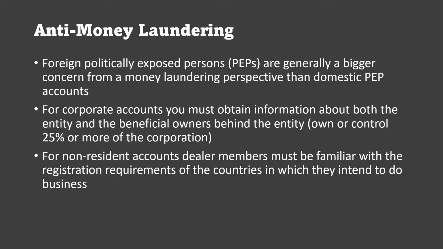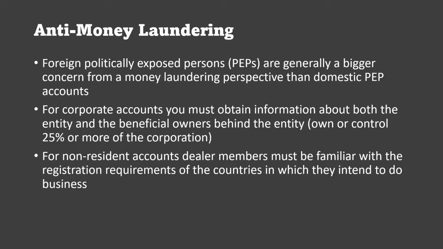So first off, foreign politically exposed persons, or PEPs, are generally a bigger concern from a money laundering perspective than domestic politically exposed people. And this is actually something you do need to tick off on the NAF. So that is a question that you will need to come across.